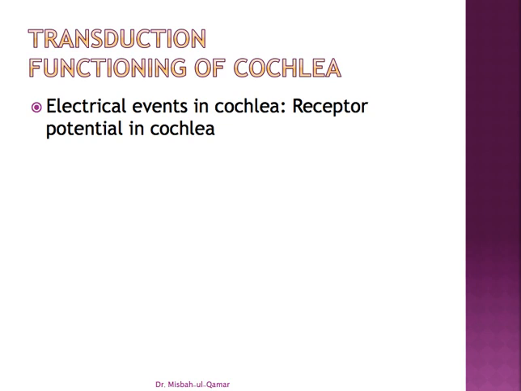Now, this receptor potential is non-propagative, but it can cause, in fact it causes, the generation of action potential in the auditory nerve fibers. So we will look into the detail of the generation of this receptor potential.